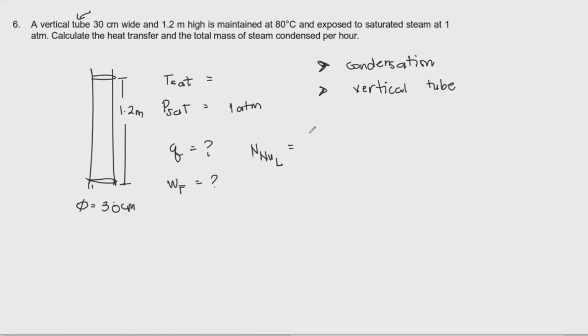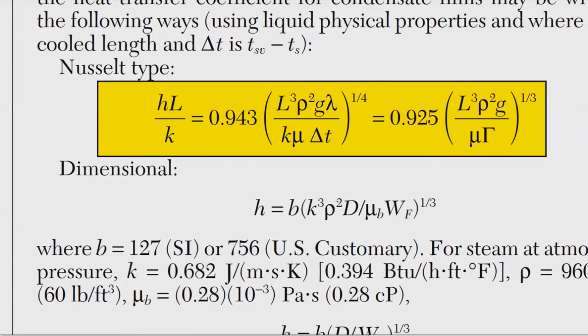In this case, that's L, since that's the length of the pipe. So it's no longer D but L. That's it for the vertical tube. So we have hL over k here, and that is equal to this value 0.943.